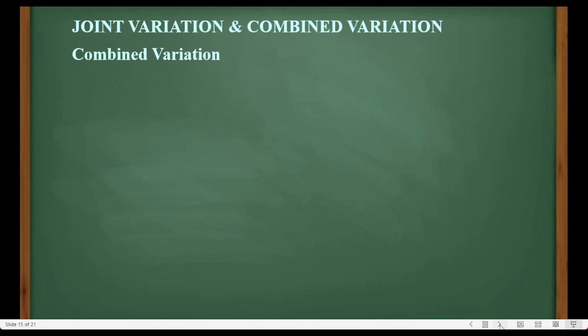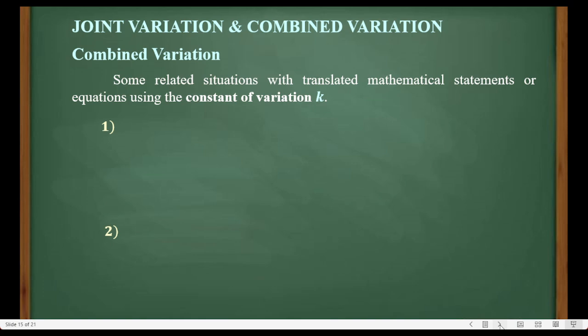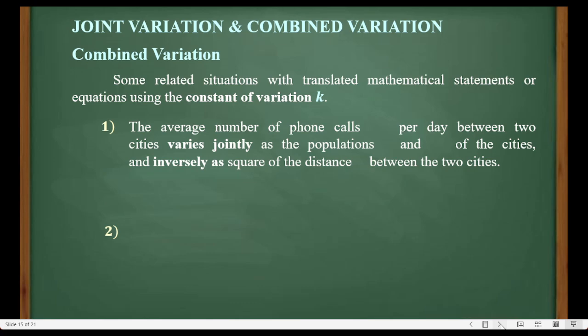Okay, again, we are still under these two remaining types of variations. For the combined variation, we have some situations that are mathematically translated using the constant of variation K. The first one is the average number of phone calls per day between two cities varies jointly as the populations of the cities and inversely as the square of the distance between the two cities.